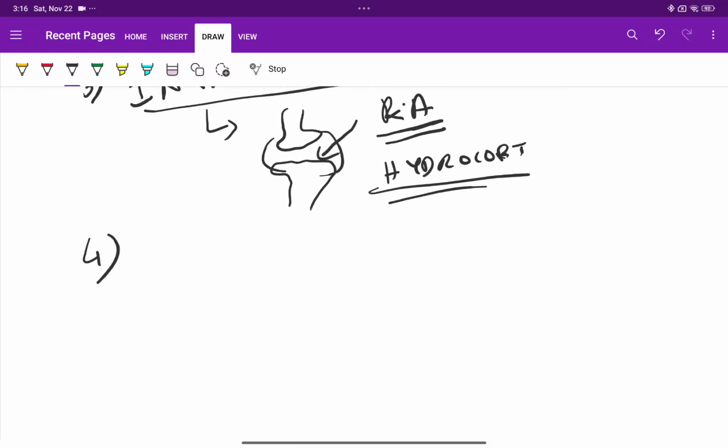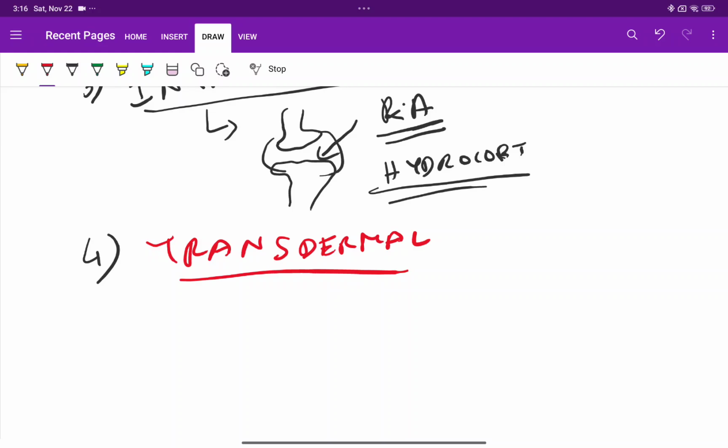Last one, it's a very important one, is the transdermal route of drug administration.